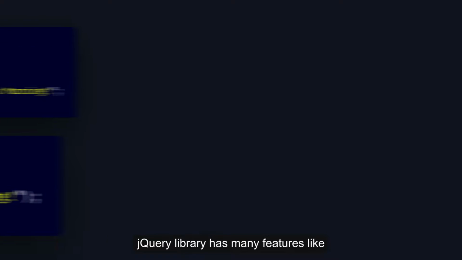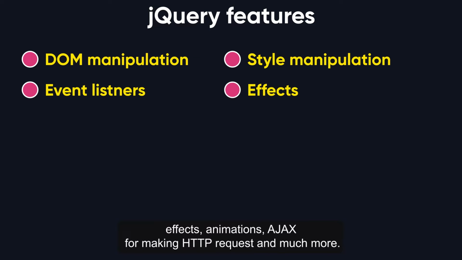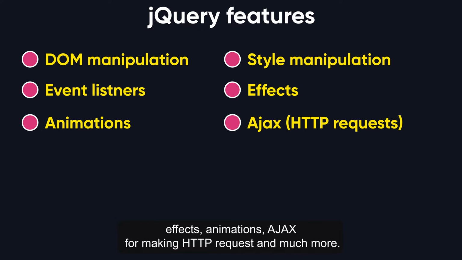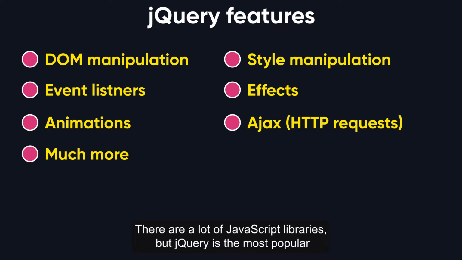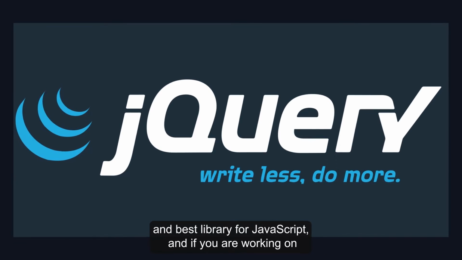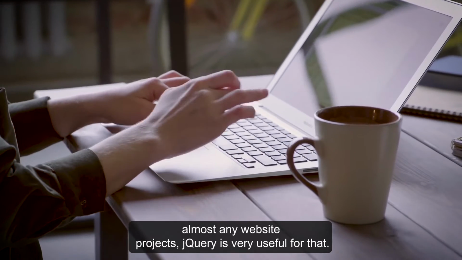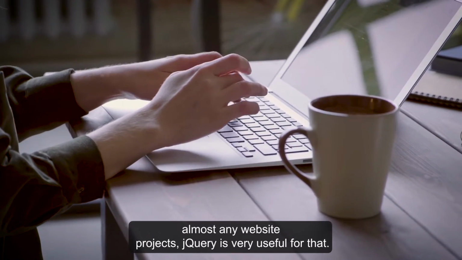The jQuery library has many features like DOM manipulation, style manipulation, event listeners, effects, animations, Ajax for making HTTP requests, and much more. There are a lot of JavaScript libraries, but jQuery is the most popular and best library for JavaScript. And if you are working on almost any website project, jQuery is very useful.